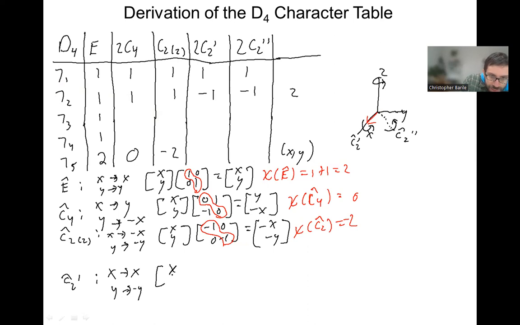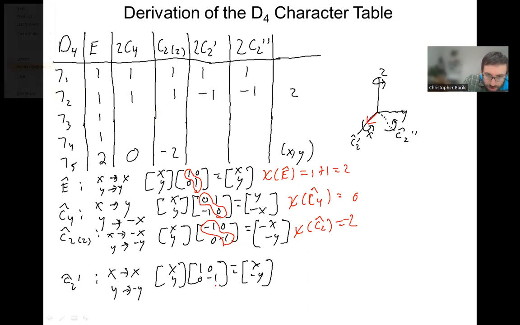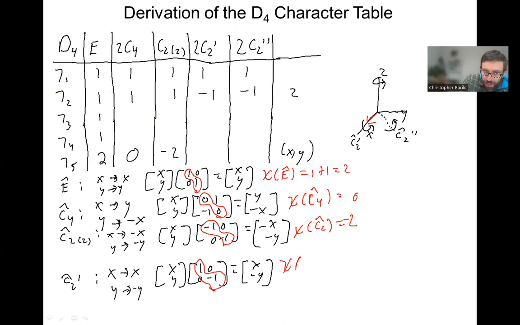And so that gets us a matrix where we have 1 and -1 on the diagonal. Now we take the trace of this matrix and we get chi of C2 prime is equal to 1 plus -1, which is equal to 0. And so we put a 0 here.